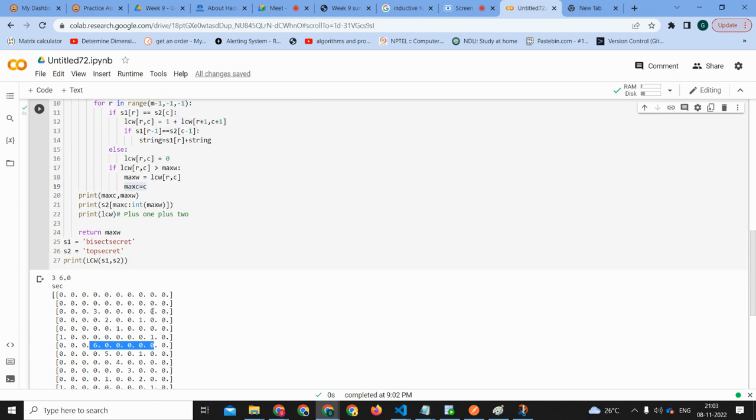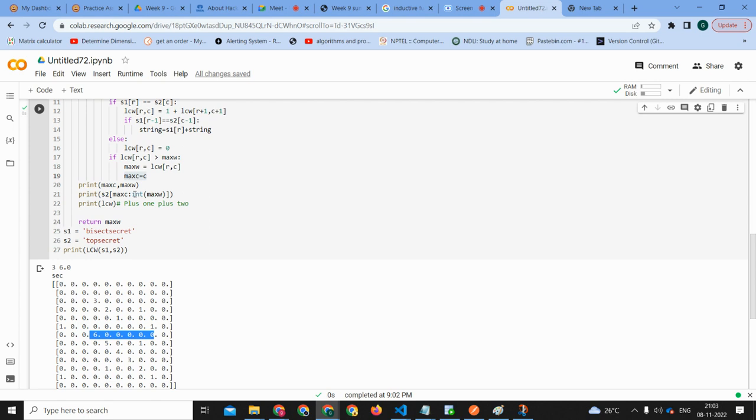In the slicing, int of max W plus maxi. So you want me to change this? No, max is there, and int of max W plus max.